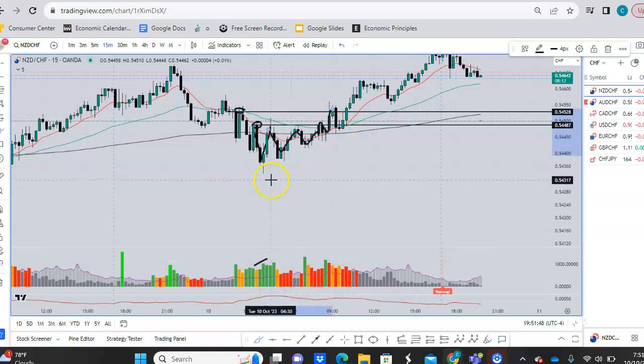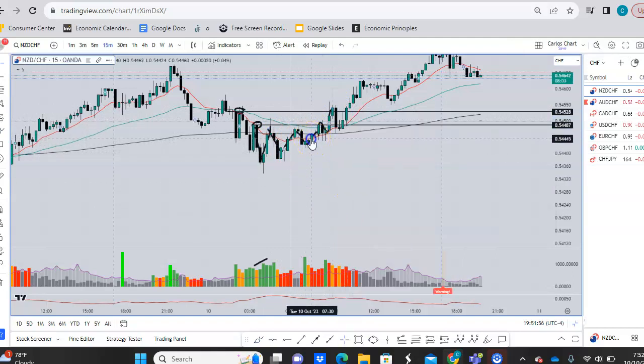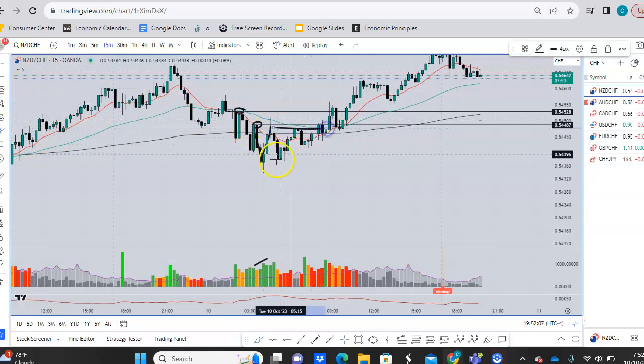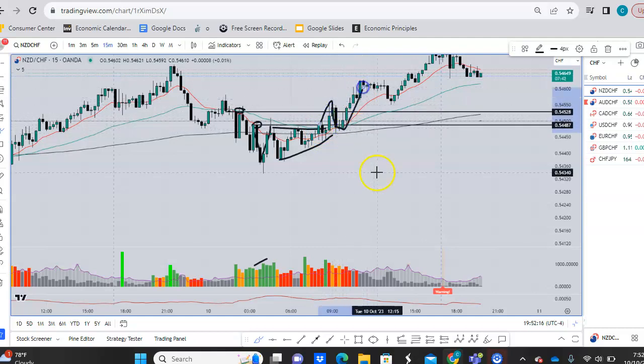So remember, we have V formation, range, range, range, FOMO. Let me just clear this up. So V formation, and then we have sort of like this range here, and we pop out with the FOMO stop hunt. That's all it could do, only to continue up.